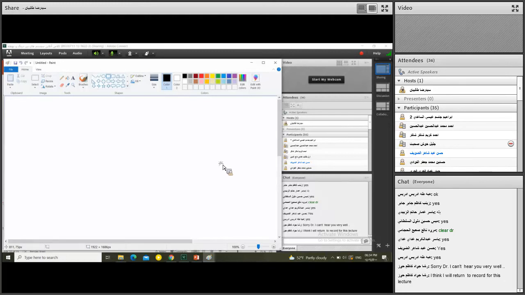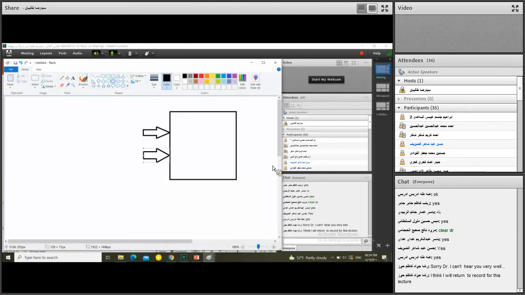Okay. We want to consider a special system or a special circuit. This special circuit is like this. And let me write its name and its inputs and outputs.